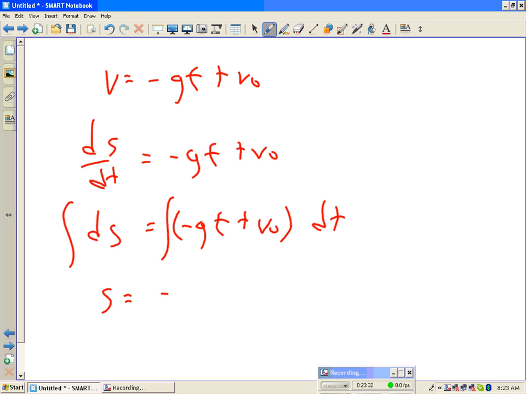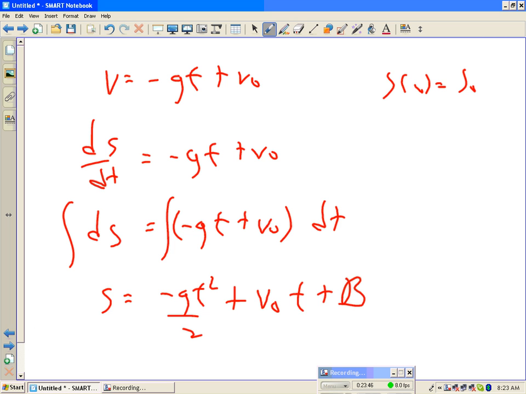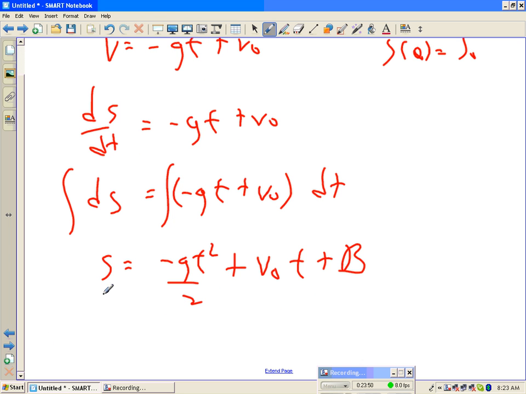Yep. Negative g t squared over 2 plus v0 t plus some other constant. That's why I don't use c all the time. Okay. And remember, I gave you s0 was s sub 0. Right? So, s is s sub 0, whatever that is, some constant.